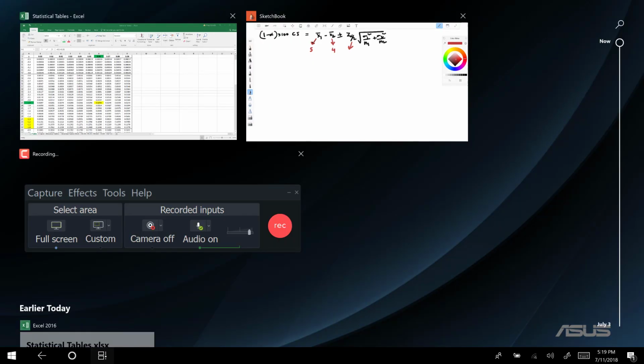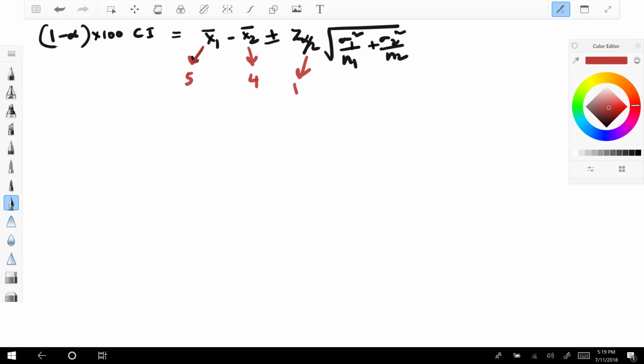So this would be 1.96, and sigma 1 square would be 0.5 square, n1 is 36, sigma 2 square is 1 square, and n2 is 49.